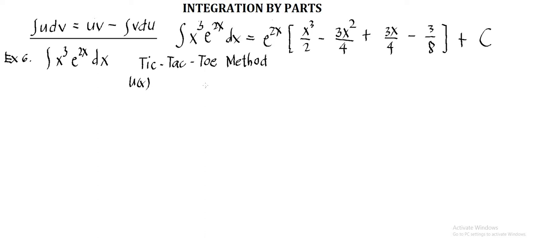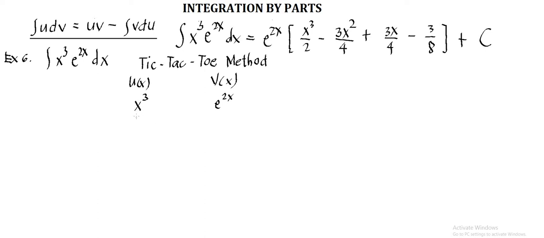At yung exponential function naman, tatawagin natin v of x. Okay, so meron tayong x cubed, yung ating algebraic function. Meron tayong v of x, yung ating exponential function na e raised to 2x.